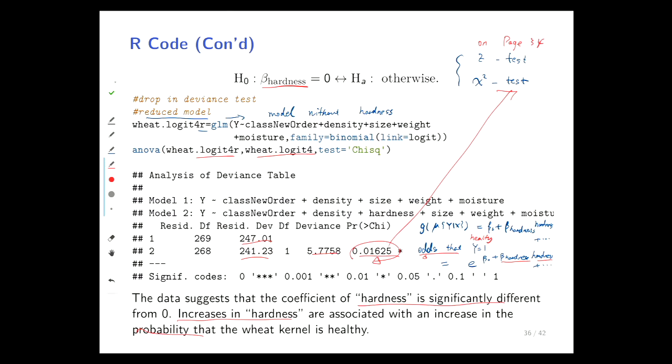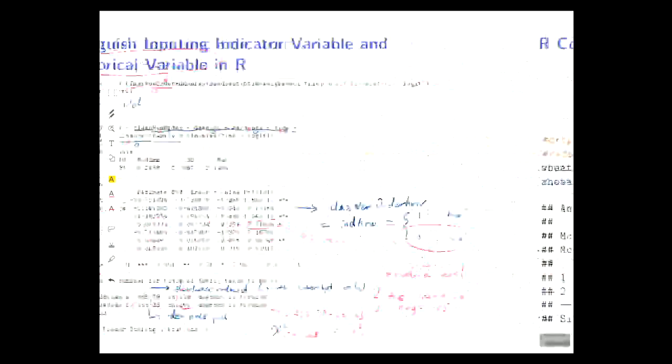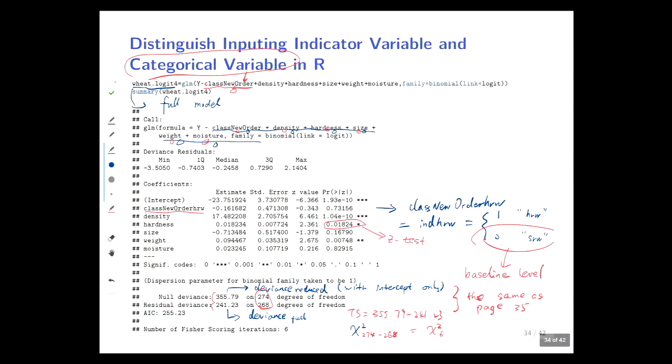Everything I have talked about here, including the ANOVA and this z-test, we can only use when n is large. When n is small, those are no longer working, and we are going to talk about the bootstrap method to solve the problem. But for now, let's only consider the case when n is very large.